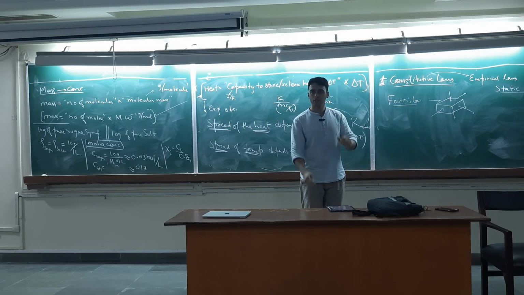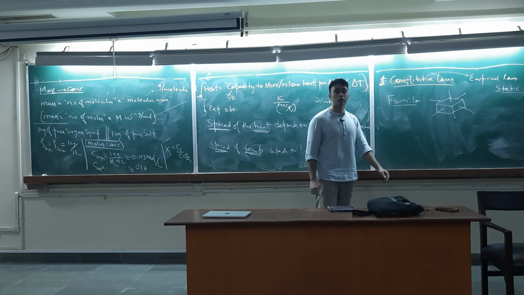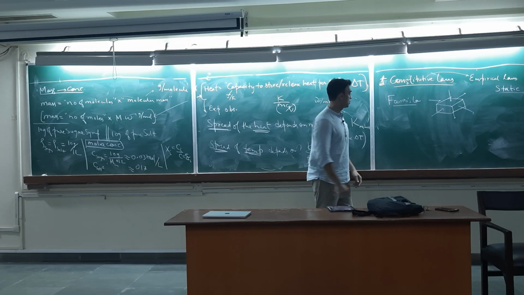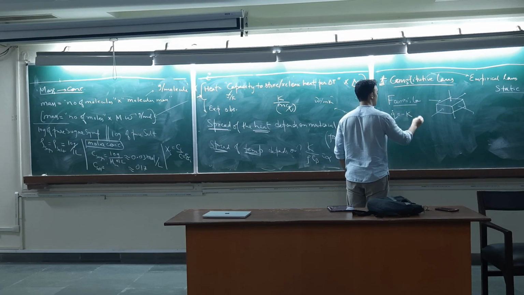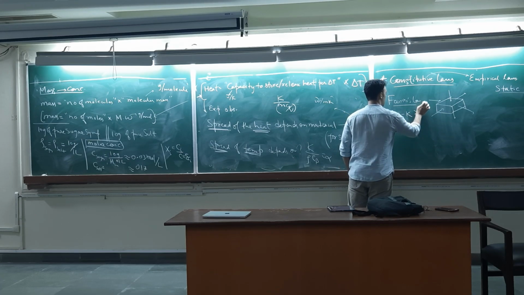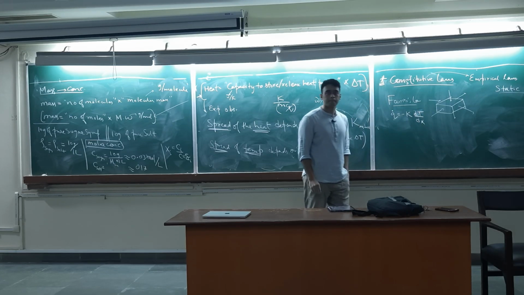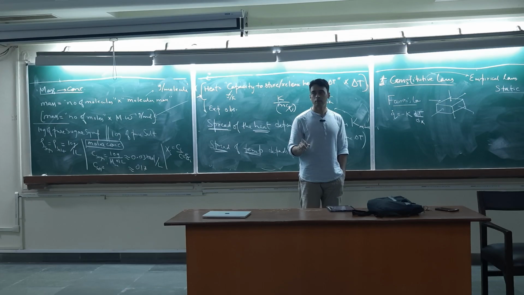So you have three areas, you have three directions. In each of these directions you can write Fourier's law. If I write in terms of flux, it will be minus k dT by dx, but I should be careful.